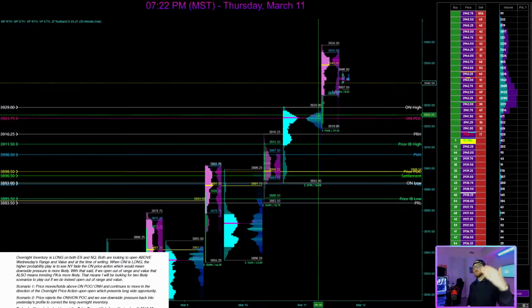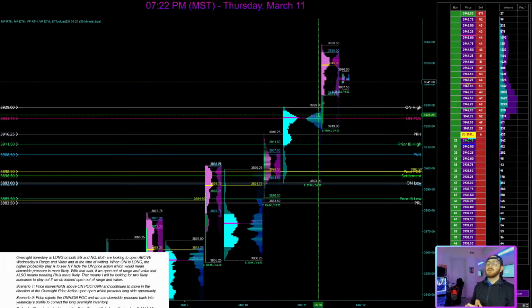When the overnight inventory is long, like I said, the higher probability is for the overnight inventory, or the inventory in general, to be corrected. The market moves especially to correct inventory. Think about that.